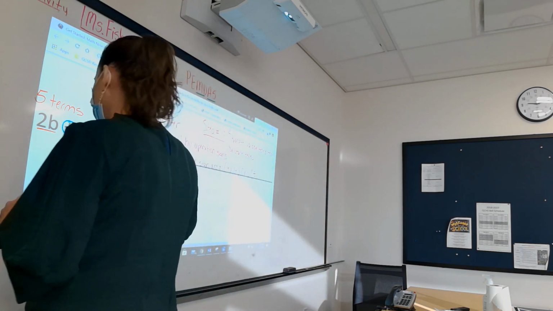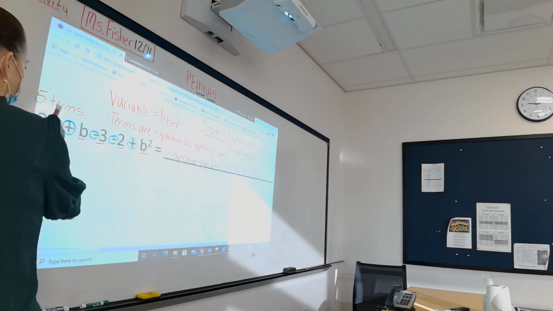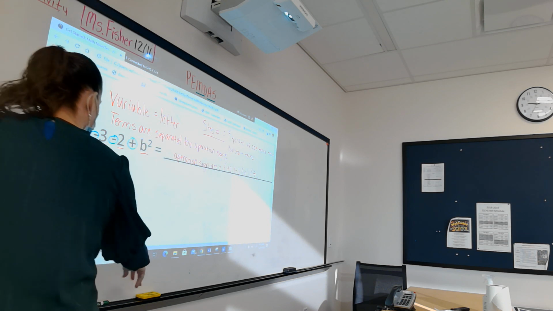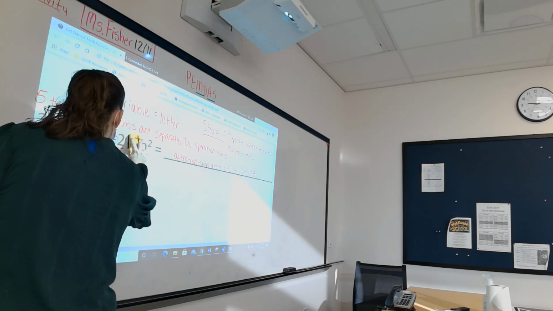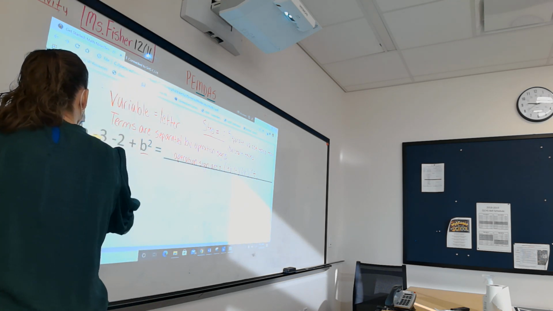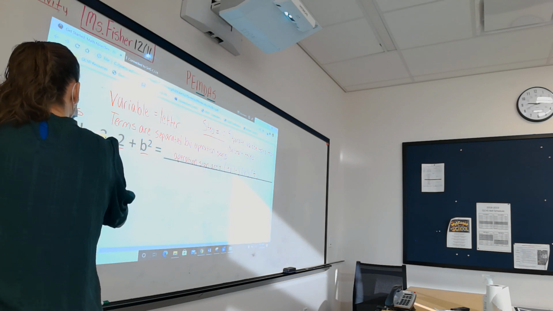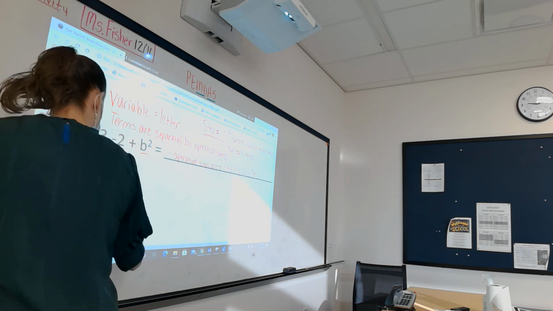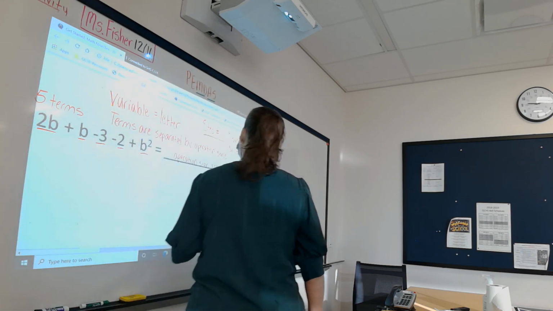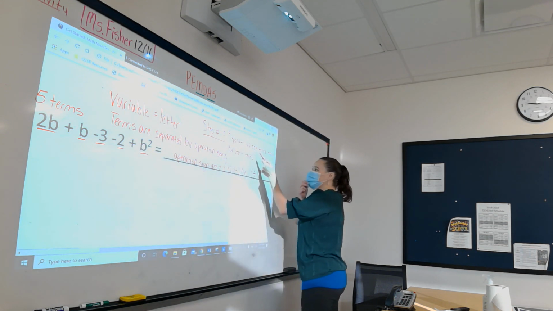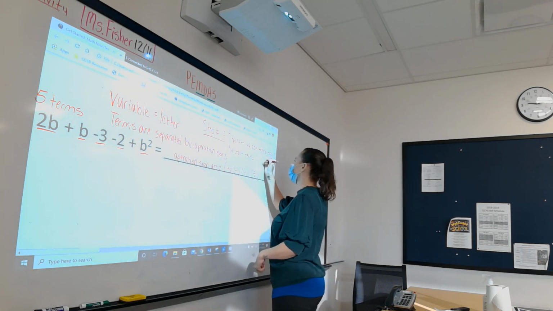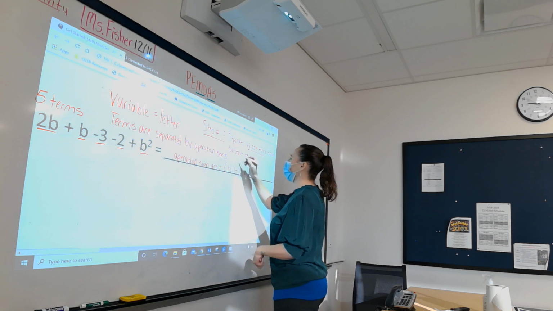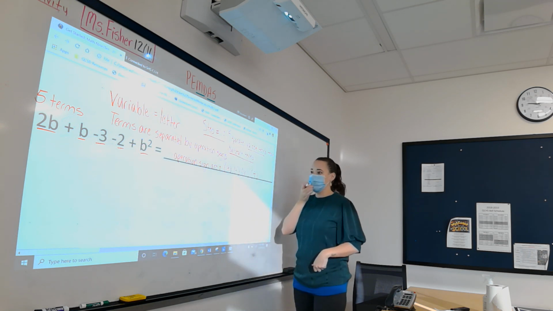Okay? So we have 5 terms up here. Just want to erase this so we don't get confused. So we're going back now. So what I said earlier, step 1, separate variable terms from your constant terms.